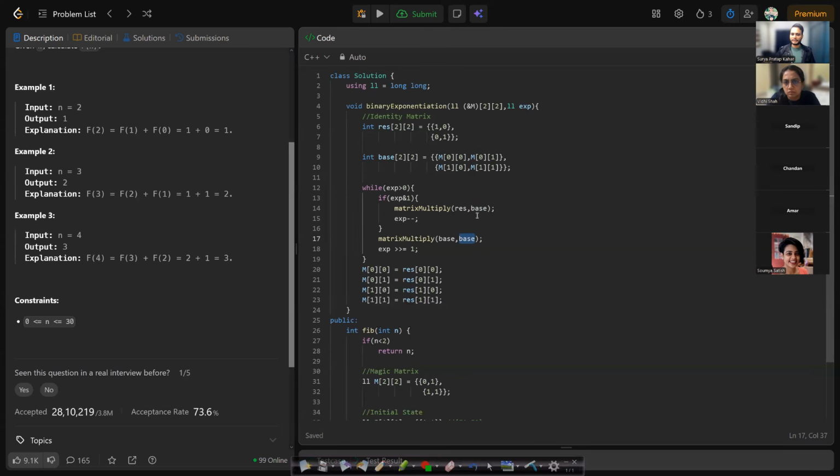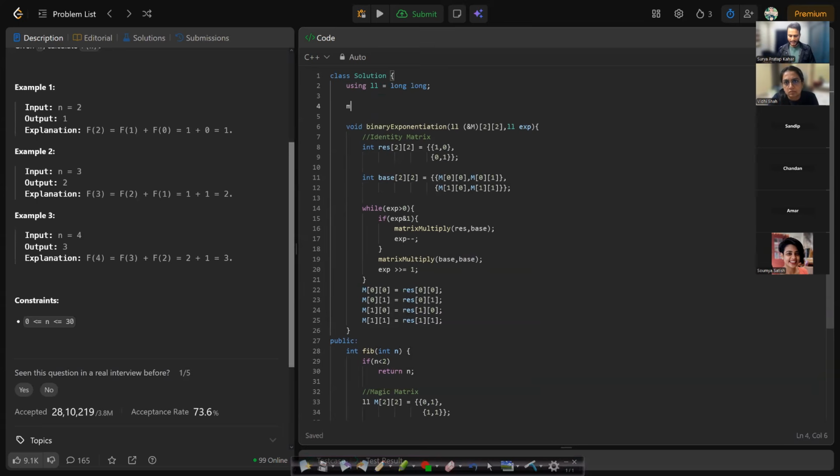So every time I'm multiplying, it is the same dimension, which is a square dimension in this case. So I can even hard code it. I don't need to pass the value. So I think I have written matrix multiply, right? So what should I return? Should I return something or should I just keep the changes? Let's keep the changes.